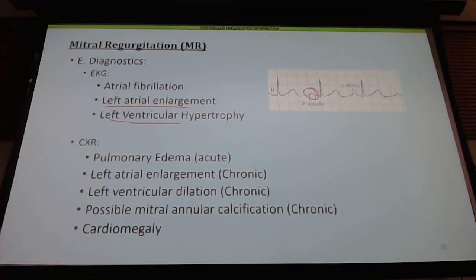Chest X-ray, you can see a bunch of pulmonary stuff. You can see especially the left ventricular enlargement or hypertrophy and the left atrial enlargement. You can see that cardiomegaly developing associated with this as well.